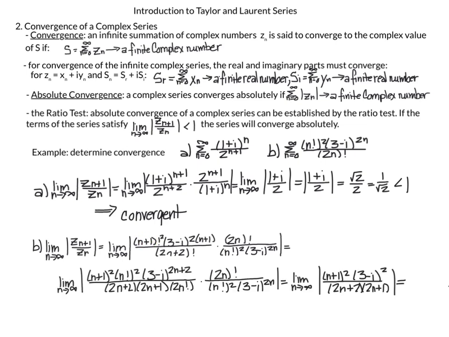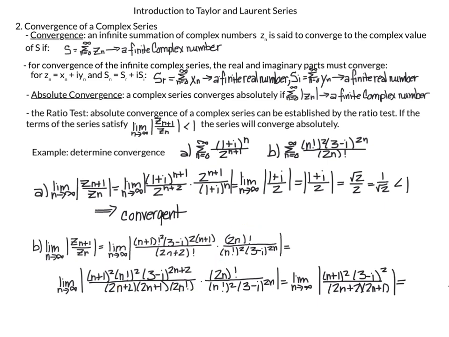Since (n plus 1) factorial is equal to (n plus 1) times n factorial, I algebraically made this equal to (n plus 1) squared times (n factorial) squared. Over here, I still have my (3 minus i) raised to the 2n plus 2. And then my (2n plus 2) factorial, I made that equal to (2n plus 2)(2n plus 1) times (2n) factorial. So now I can simplify.